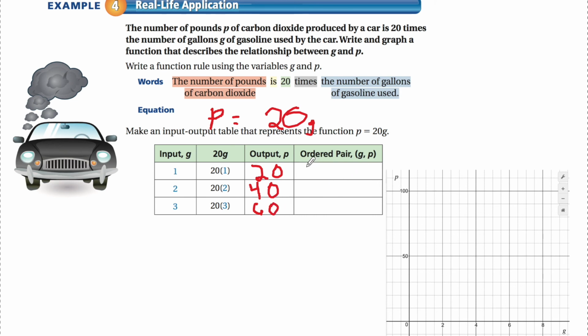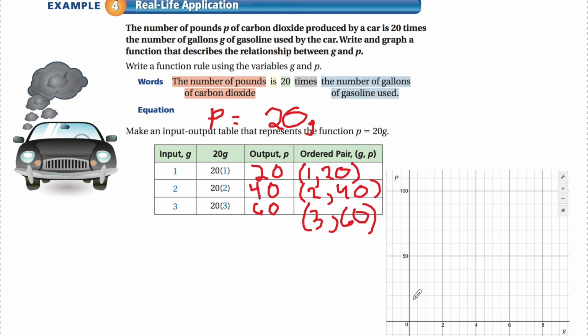So that's going to give us the ordered pair 1, 20. Make sure you close parentheses. 2, 40. And 3, 60.